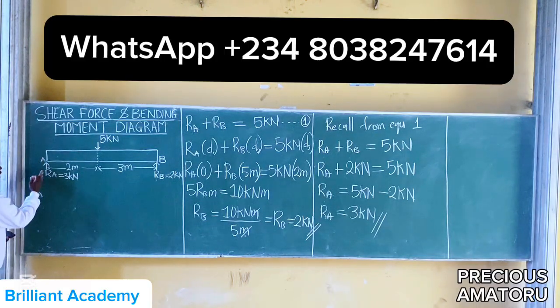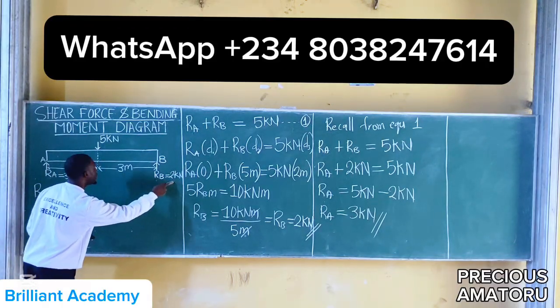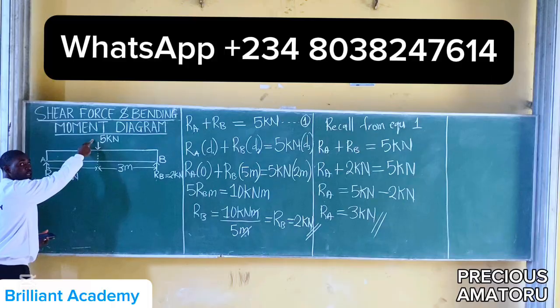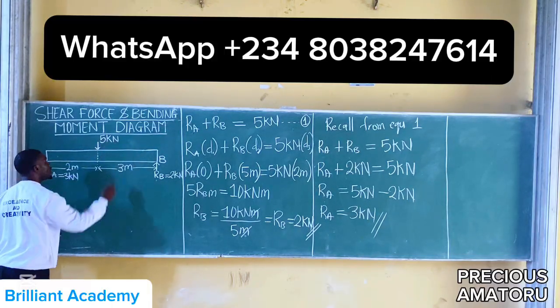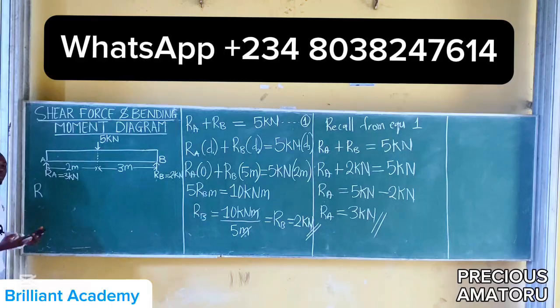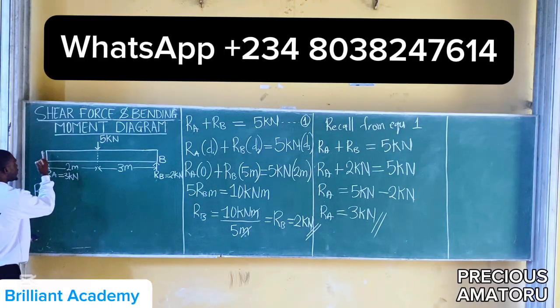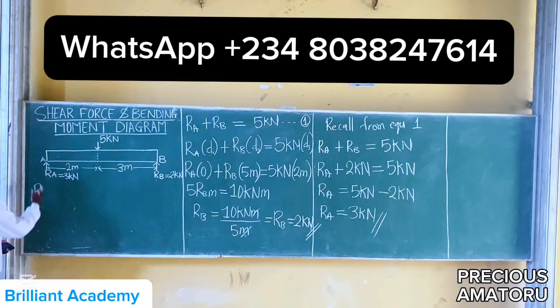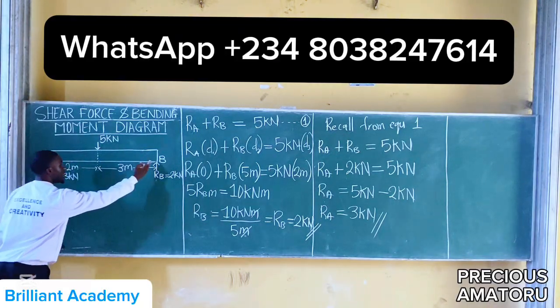At this support end, we have 3 kilonewton. At this end, we have 2 kilonewton. At the center of the beam, which is what was given to us initially, we have 5 kilonewton. Now, the task here is to calculate for the shear force at every critical point, which is here, here, and here, and also the bending moment at this point, and this point.